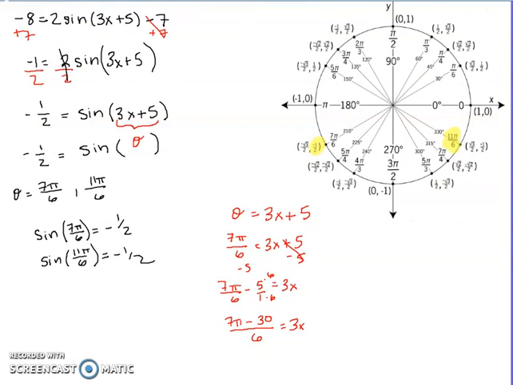And then I divide everything by 3, or multiply by 1/3, since we're dealing with a pretty ugly fraction here. Multiply by 1/3. And I've got 7 pi minus 30 over 18 is equal to x. So that would be the first solution to my equation.